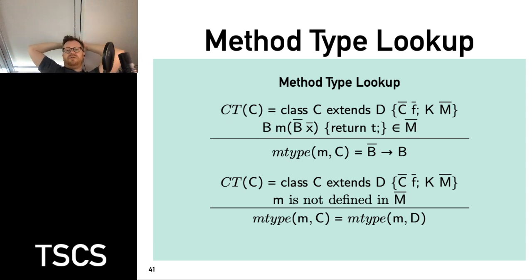Whenever you have a method definition in your class table that takes a vector of arguments of the type B, so it can be multiple different types, so B vector, and returns a B, then the method type of that method of that class is this B vector to B. And if M is not defined in this method list in C, that means it is the same method type as defined in D. You can easily do this.